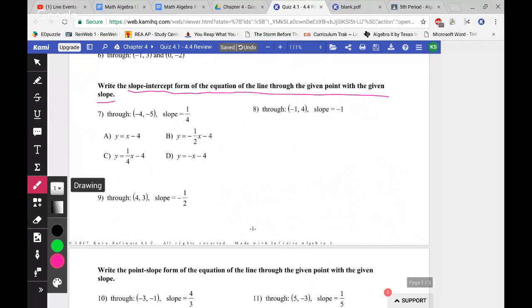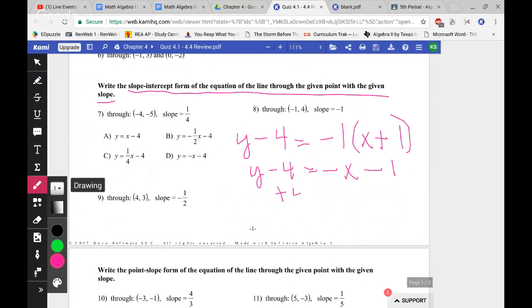Okay, so let's see how fast I can do this. All right. So we've got y minus 4 equals -1 times x plus 1. I already found what I did. y minus 4 equals -x minus 1. Add 4 to both sides.